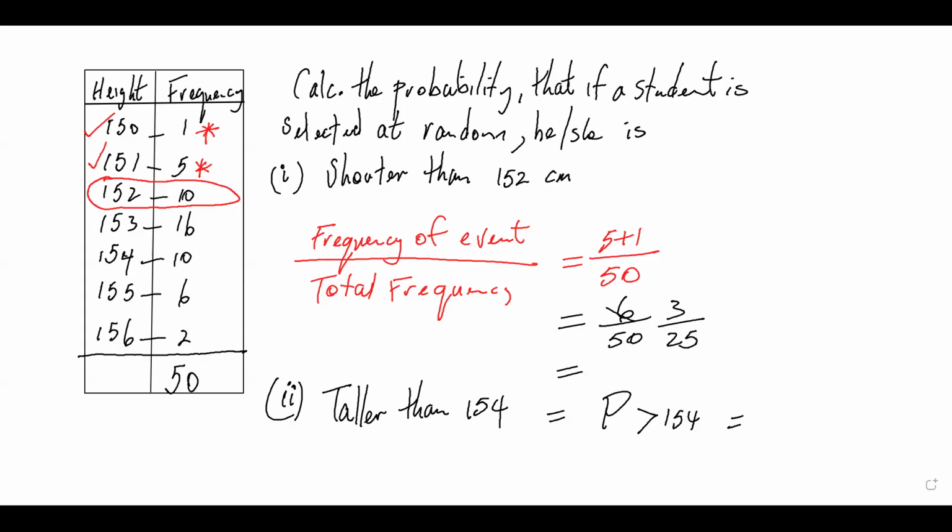So the second question was the probability that the person is taller than 154. Garcia, your answer is correct. Michael, I didn't get any answer from you. Antonio, nah, boy, you're making a little error. You have the total, which is 50.